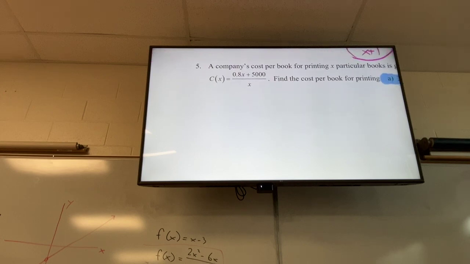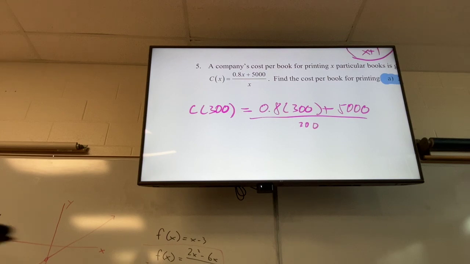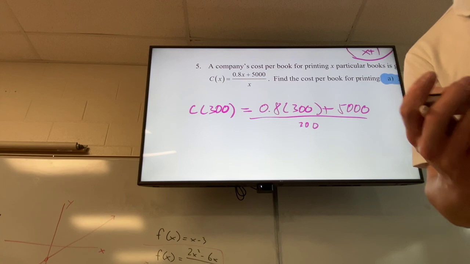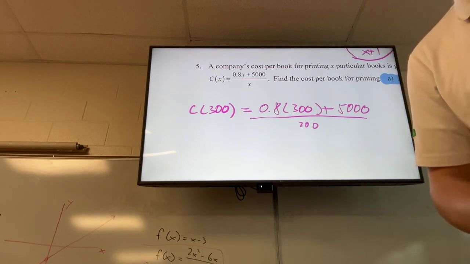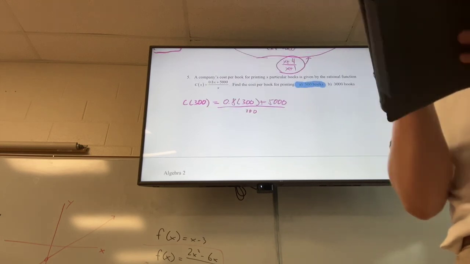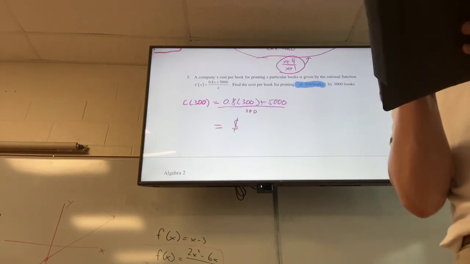So C of 300 equals 0.8 times 300 plus 5,000 all over 300. Let's use our calculator to do that. I got 17.47. Make sure you put a dollar symbol and round to the nearest cent.